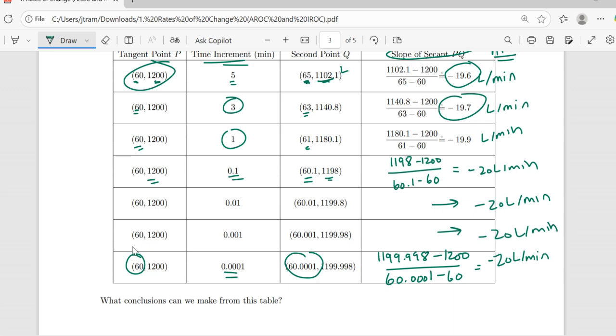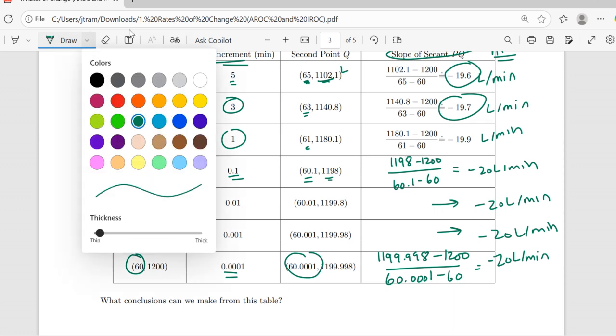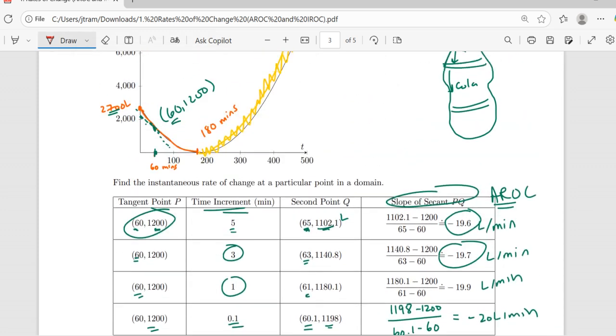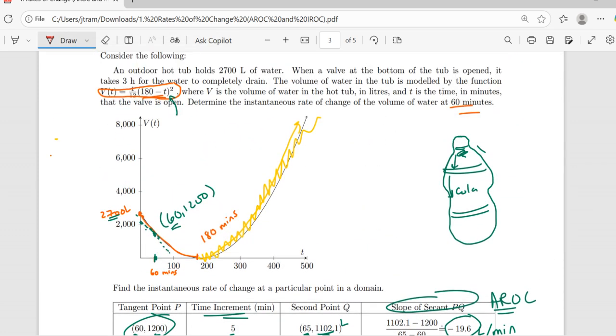So what conclusions can you draw from this table? What was the original question? The original question was to determine the instantaneous rate of change at 60 minutes.